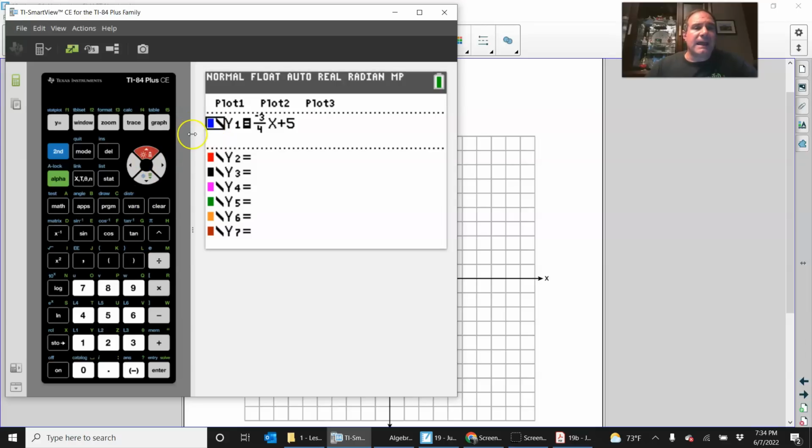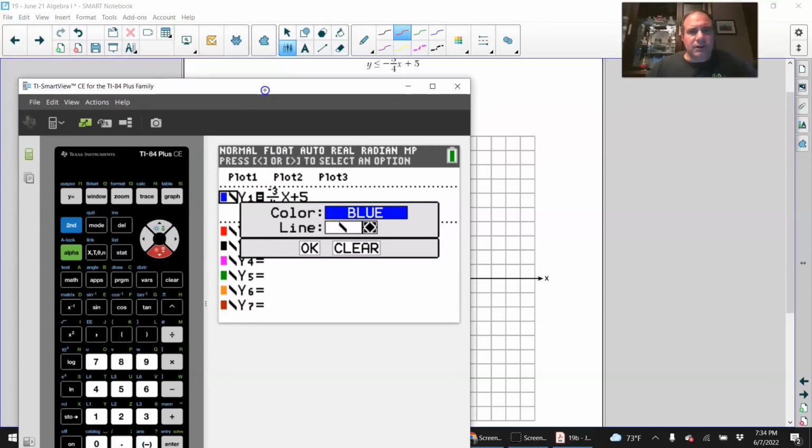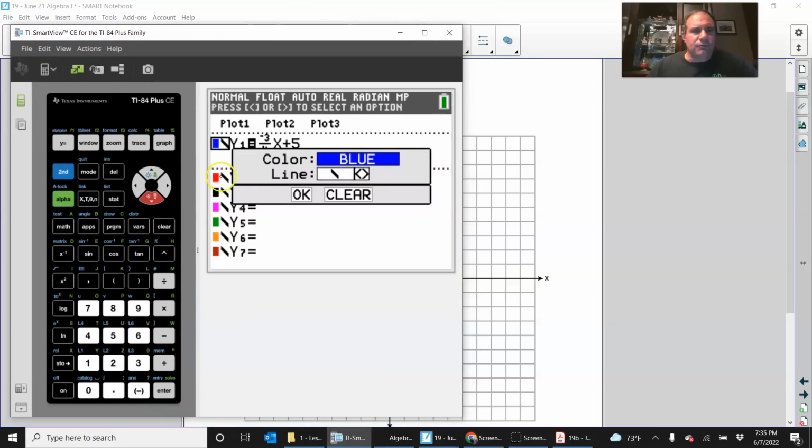Then I'm going to go back to the left, and I'm going to basically put the rectangle there. I'm going to press enter. That's going to open up, and now it is a less than. So I'm going to press to the right, and that is greater than what you see there. And I'm going to press to the right one more time. That's less than. I'm going to press OK.